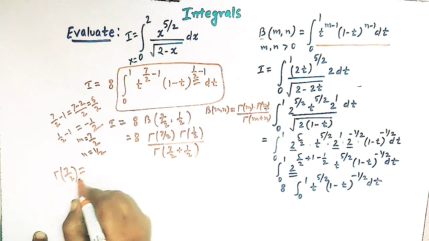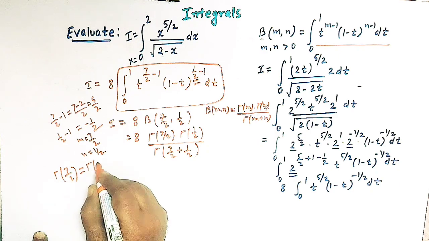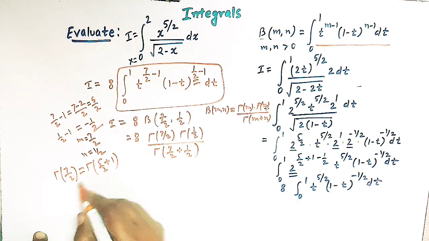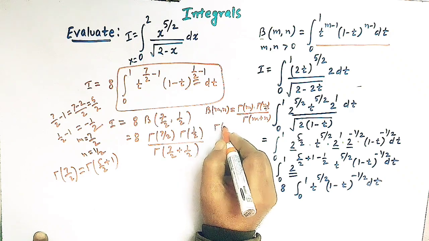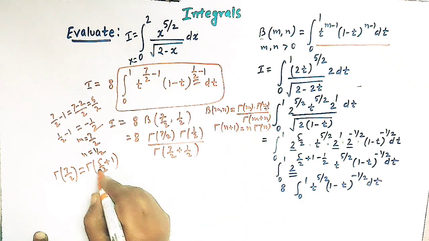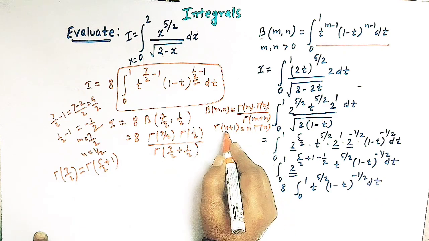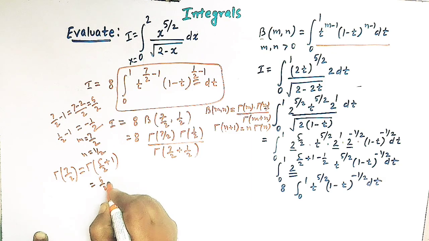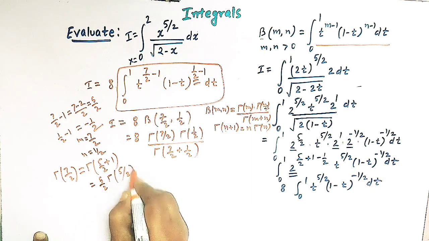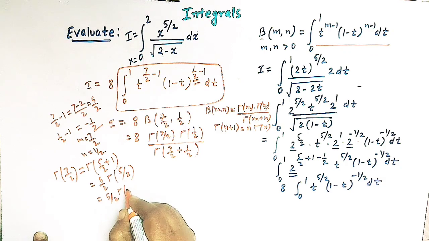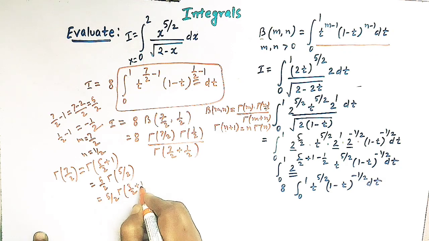Now gamma 7 over 2 can be written as gamma 5 over 2 plus 1, and here we'll again make use of an important result, that is gamma n plus 1 is given by n times gamma n. So here the value of n is 5 over 2, so we can now write 5 over 2 times gamma of 5 over 2, and again we can split 5 over 2 as 3 by 2 plus 1.